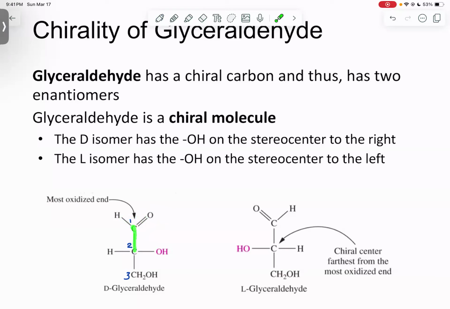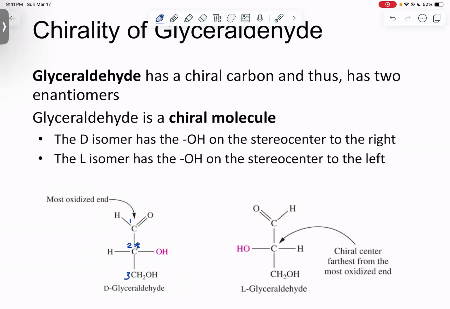If I go up, it's a carbon and a carbonyl with a hydrogen. If I go down, it's a carbon with a hydroxyl. So those are 2 different things. Then it also has a hydrogen and a hydroxyl. So that's 1, 2, 3, 4 different things that surround carbon number 2. So carbon number 2 is chiral.